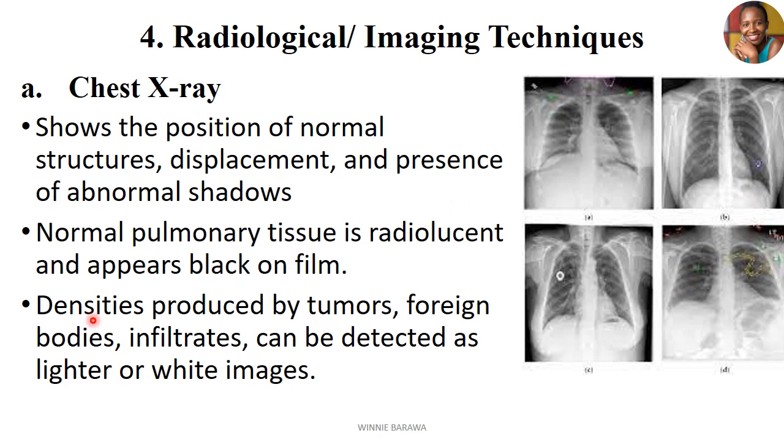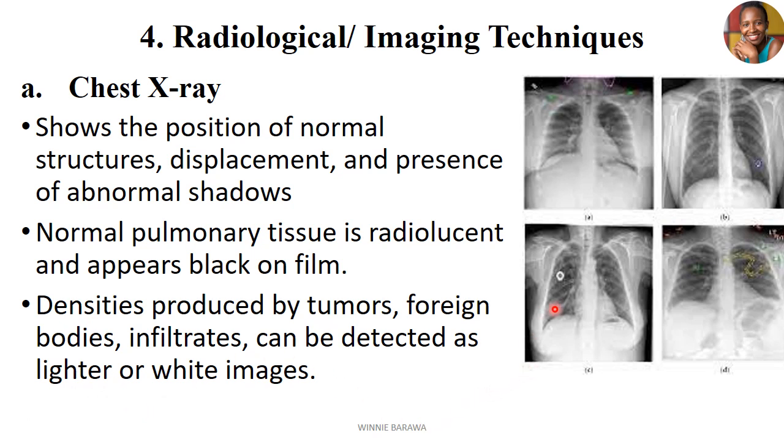But areas that are whitish, or lighter in appearance, are normally described as affected, and therefore you can talk about the presence of foreign materials like tumors, foreign bodies, infiltrates, or defects generally. So if there are any defects, you will see lighter or whiter images.